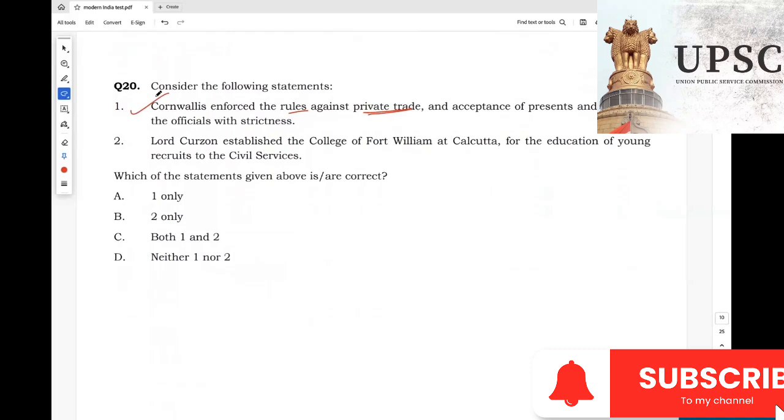So why was Cornwallis against corruption? Because he was appointed to do the same, right? He was brought from Britain to India in order to reduce corruption and bring higher revenue returns. That's why he brought permanent settlement. That was the objective for which he was recruited.